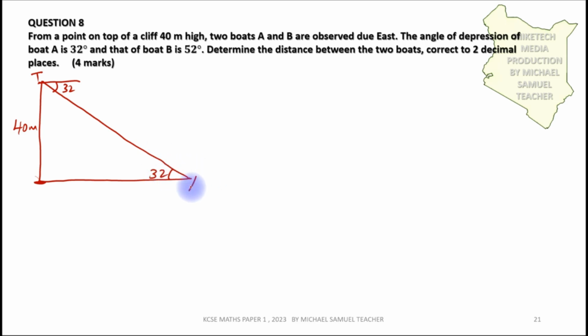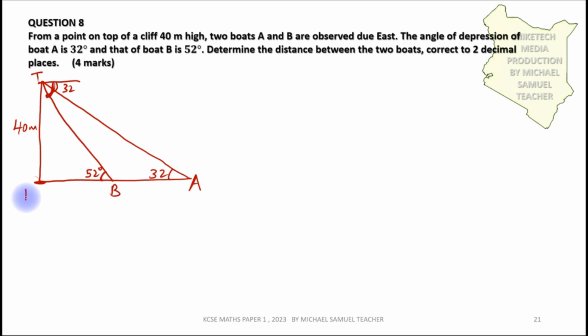32. So A is 32 degrees, the angle of depression from the top of the cliff, and that of B is 52. So B is at that particular point, so all of this angle will be 52, therefore the angle of elevation will be 52 degrees also.